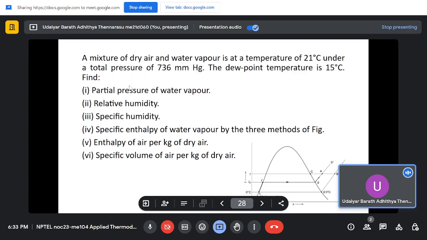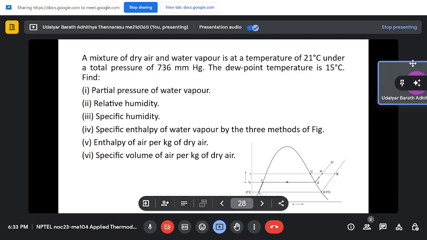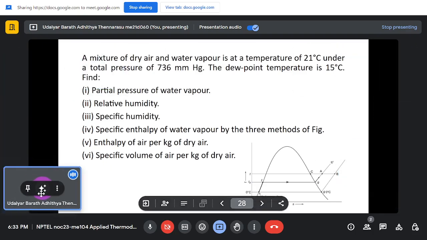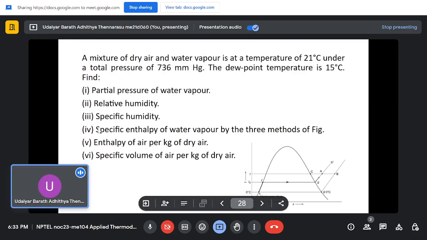You need to find out partial pressure of water vapor, relative humidity, specific humidity, and specific enthalpy of water vapor by 3 methods, in the sense you find A, B and C, all 3 points.